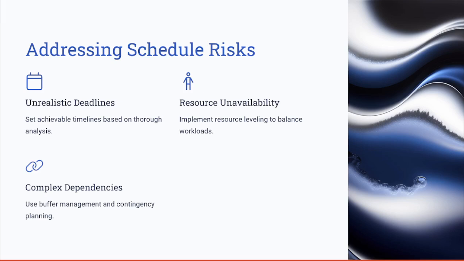How can we address the schedule risks? Schedule risks can arise from factors such as resource unavailability, unrealistic deadlines, and complex dependencies. Mitigating these risks requires proactive strategies like resource leveling to balance the workload. Resource leveling is a new concept.